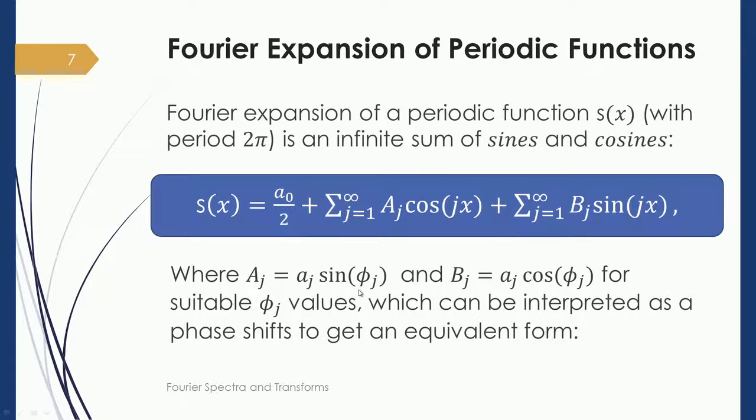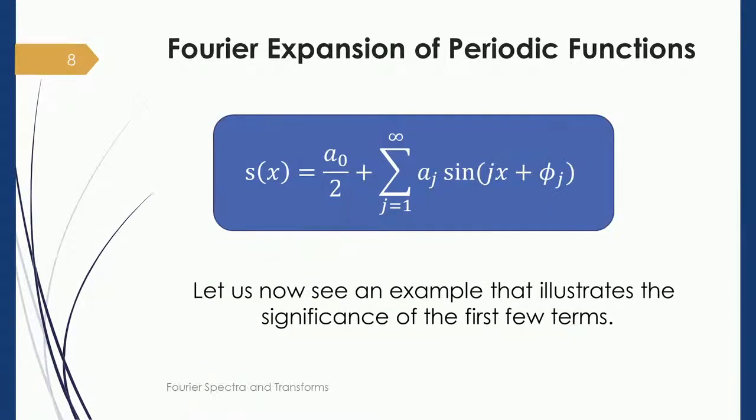These phi values can be interpreted as phase shifts, and using the standard trigonometric formula of sine a plus b equals sine a times cosine b plus cosine a times sine b, we get an equivalent form for this Fourier expansion given by S of x equals a sub 0 divided by 2 plus an infinite summation where we only have the sine term, however, the sine term with an appropriate phase shift for each of the j values.